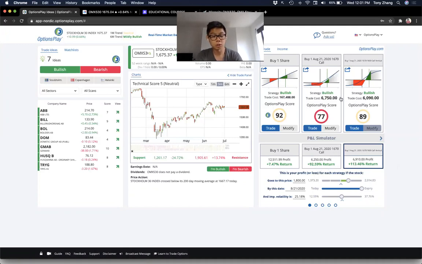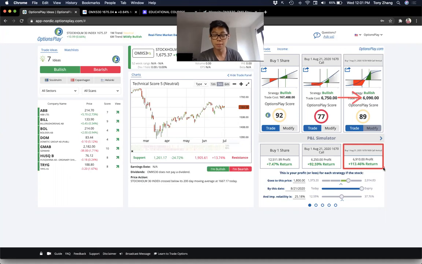But by reducing the risk of your trade from 6,700 crowns to 6,000 crowns, what you do is you amplify your returns now. Not only am I taking on less risk, but if the trade goes in my favor, I'm going to make a higher return. How did I make a higher return? I made a higher return simply because I risked less money. Again, you can't control how much money you can make, but you can control how much you risk.